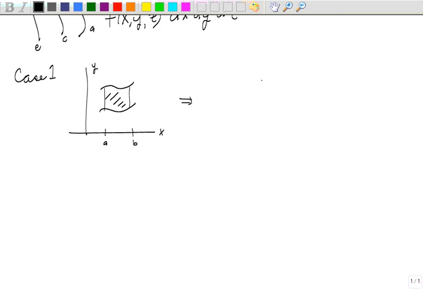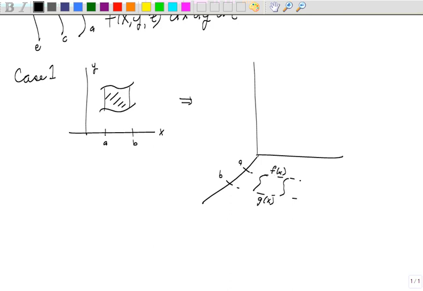When we move to 3 dimensions, we'll say from a to b, and we have these functions, say f of x and g of x. When we move that up into 3 space, it's not going to be over a box anymore. We're going to integrate over this 3-dimensional object, right here, instead of R.